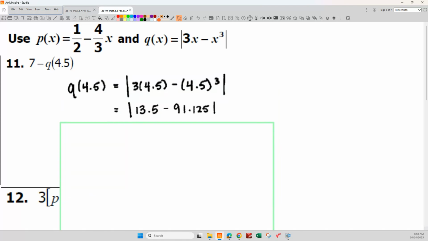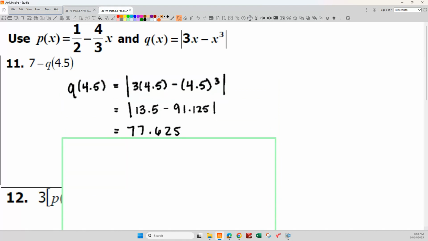Then I could multiply, right? 3 times 4.5. Then I'll just find that difference. I'll subtract. And I'm going to get some negative number, but the absolute value is going to make it positive. And there's the decimal I end up getting, right? So we had to crank out the output number. And now, what do I do with that crazy output number?